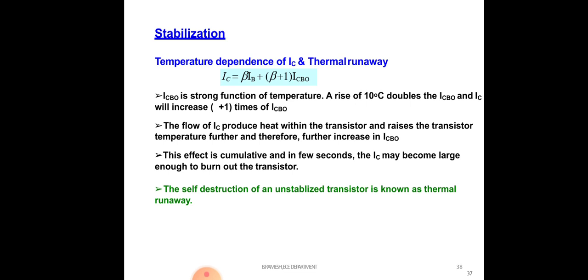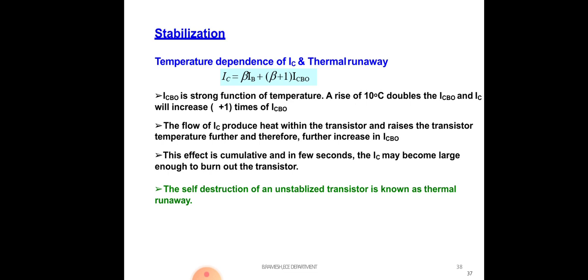Okay, so stabilization: temperature dependence of IC and thermal runaway. IC is equal to beta times IB plus (1 plus beta) into ICBO. ICBO is a strong function of temperature. A rise of 10 degrees doubles the ICBO, and IC increases by (1 plus beta) times ICBO.